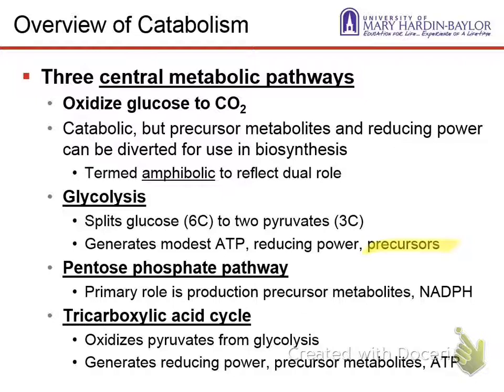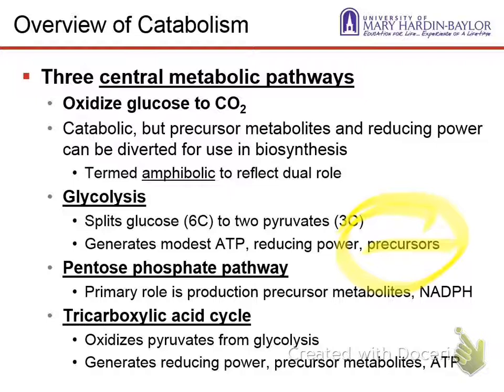The next step, what kind of metabolism are we talking about here when we're talking about glycolysis? Remember, there's 2 types of metabolism. We're talking about catabolism, good. And so these precursor metabolites, where do you think they're going to be used? They're going to be used in the anabolic pathways to build up things. So the precursors are the molecules that are needed to make those bigger molecules in anabolism.